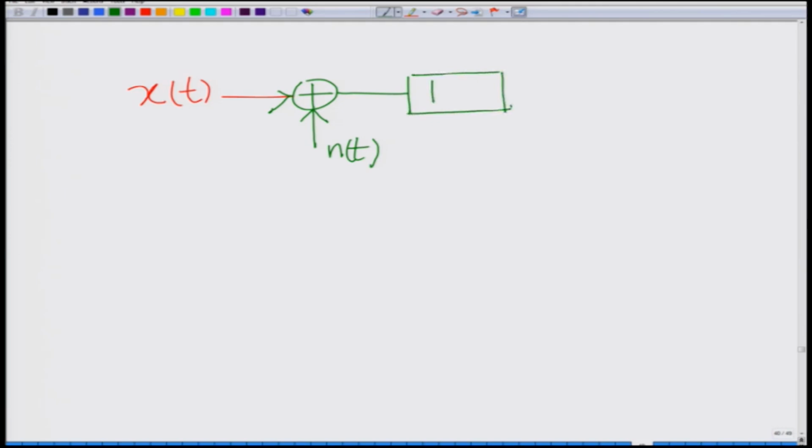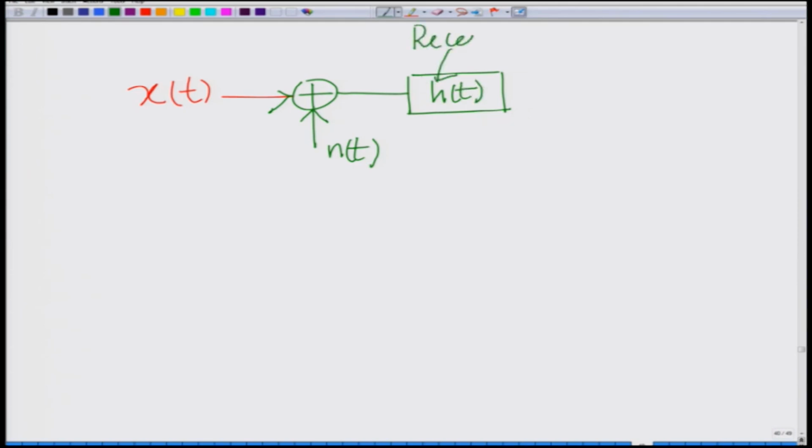So, we are looking at the SNR at the output, that is after the processing, after the filtering and the sampling at the receiver in a digital communication system. We have seen that our model is the following: we have the input signal x(t), to which we have additive noise n(t), followed by h(t), which is the receive filter.